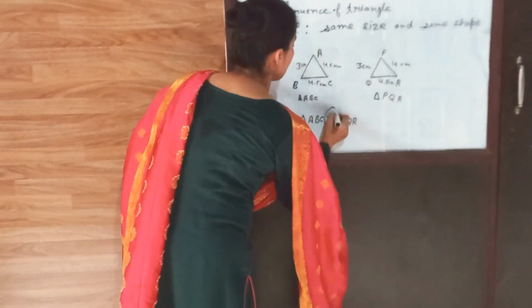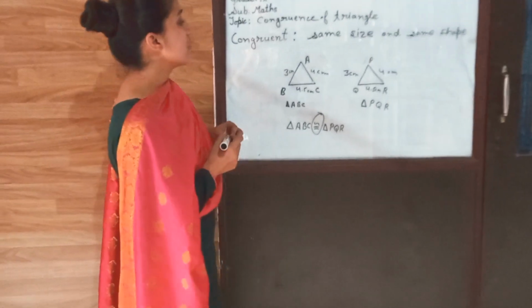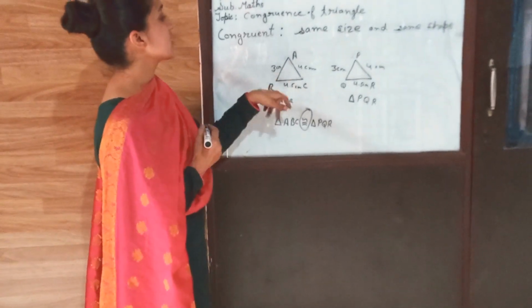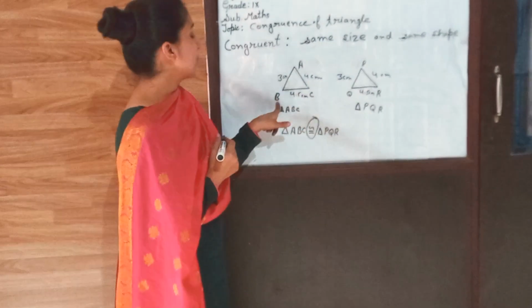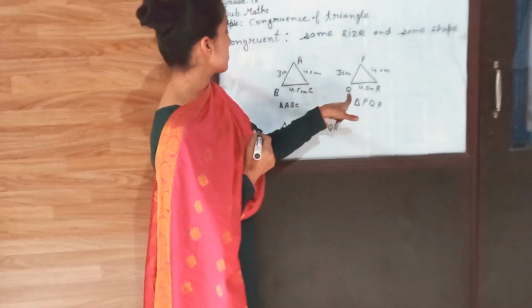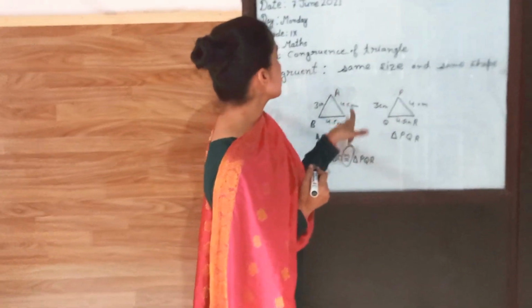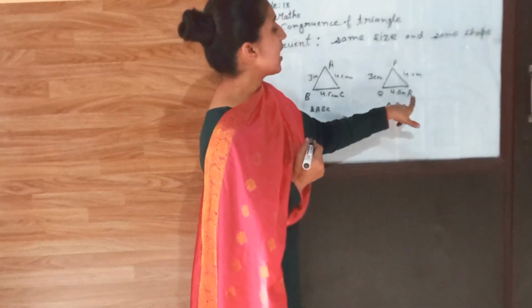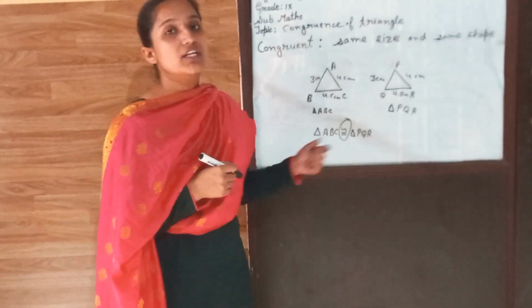This is the symbol of congruency. These two triangles are congruent, which means their corresponding sides are the same. Like AB is equal to PQ, BC is equal in size to QR, and AC is equal to PR. So that's why these triangles are congruent with each other.